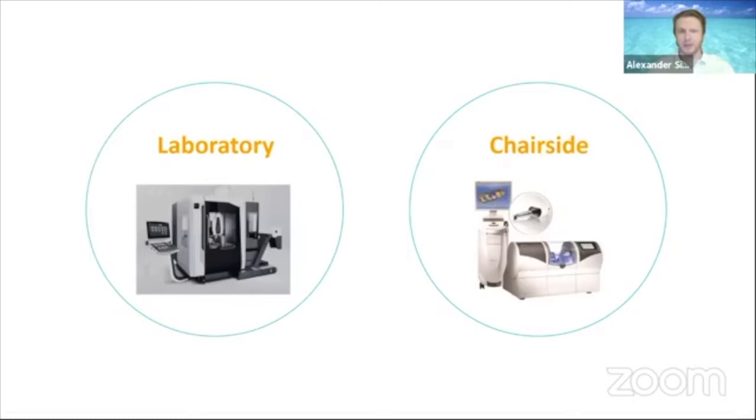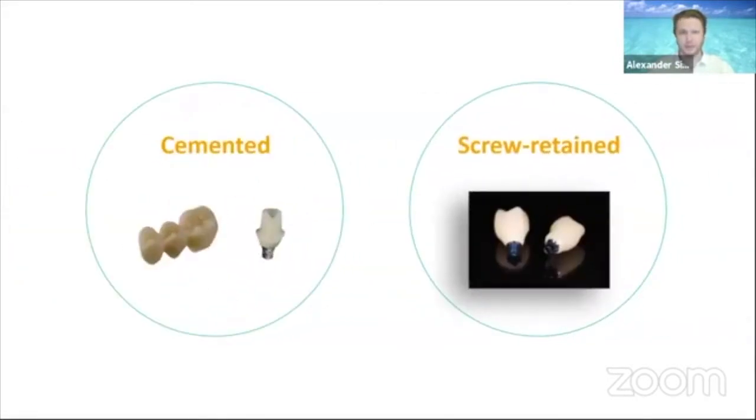When we get prostheses from a lab, we call them laboratory made, and by the way, we can make them ourselves in the clinic. This is the chair-side type of prosthesis. And of course, we can fix a prosthesis by cement, or we can retain a prosthesis by screw.